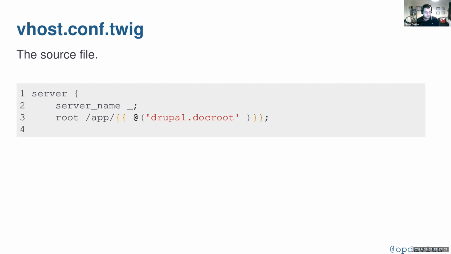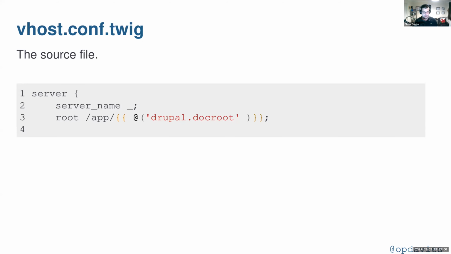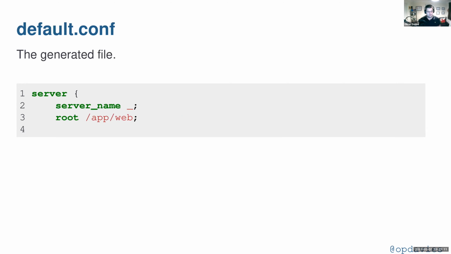So let me just go back here. We've got our Drupal.docroot attribute, and then when we run that apply config command, we'll end up with our default.conf file, which just has the web thing in the right place. This is a pretty simple example of how this works, but it's very useful for Docker files or Docker compose files, in fact.